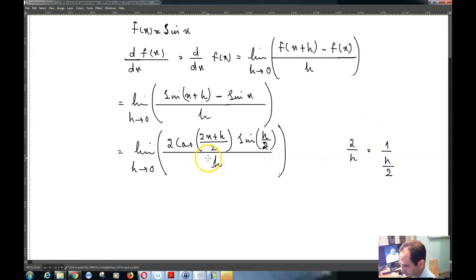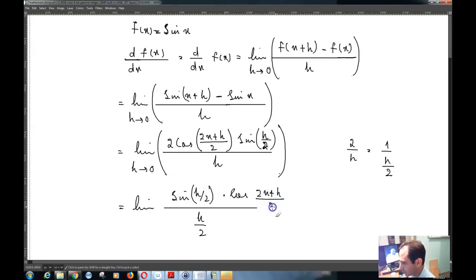Okay, so I can write this as the limit of, this 2 comes over here, sine of h divided by 2 times cos of 2x plus h divided by 2, as h tends to 0.